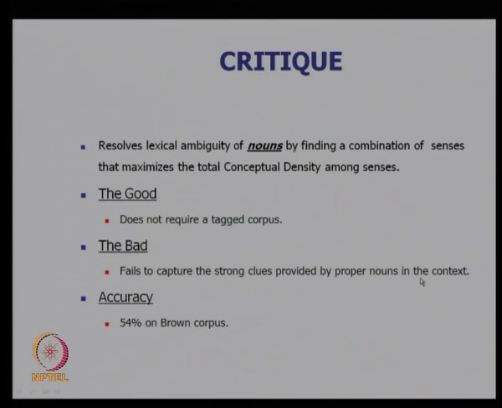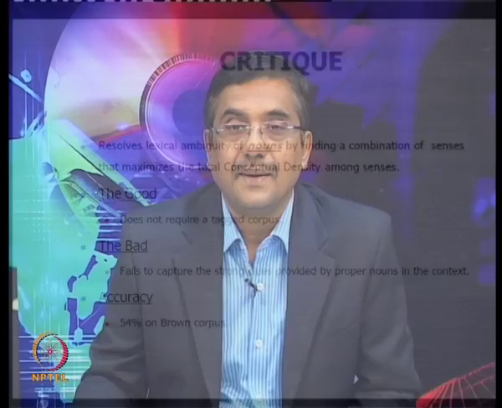This is a perennial problem for all overlap based approaches, and the accuracy of this approach is 54% on the Brown corpus. The Brown corpus is the one which gives rise to SEMCOR, the sense tagged corpus crafted out of the Brown corpus, and this has been a benchmark data for many WSD algorithms.